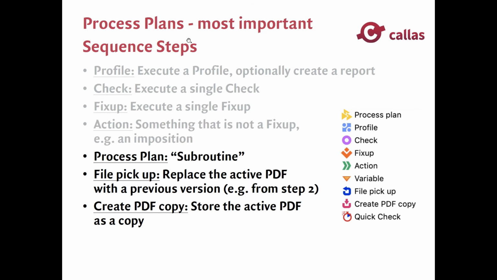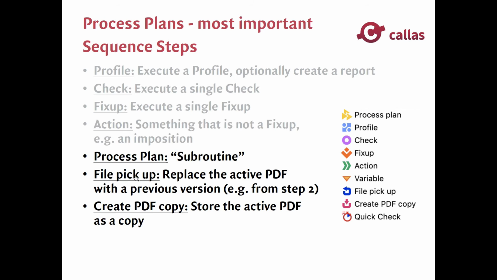Back to process plan, just a few more things to mention. We have explained a couple of sequence steps here: a profile, a check, a fix-up, an action. There are more, and on the right hand side you see the UI for that. You can have a process plan in a process plan, which forms kind of a subroutine for your process plan.